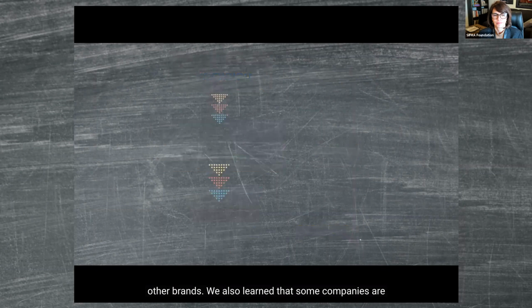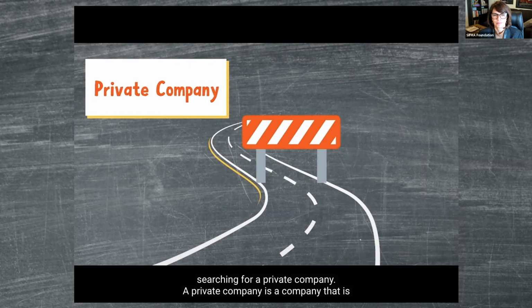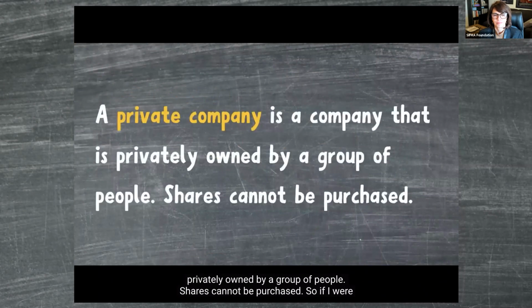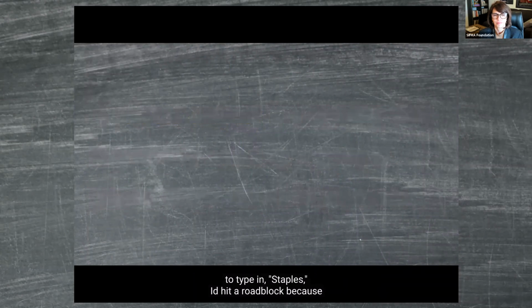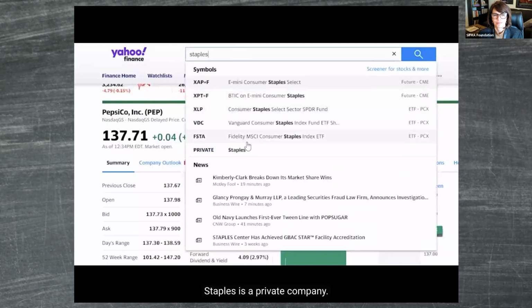We also learned that some companies are private. You may run into a roadblock when searching for a private company. A private company is a company that is privately owned by a group of people. Shares cannot be purchased. So if I were to type in Staples, I'd hit a roadblock because Staples is a private company.